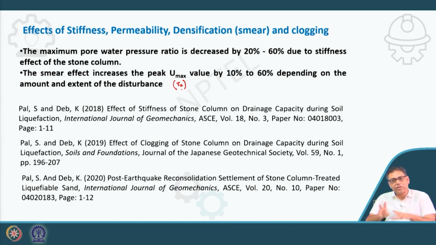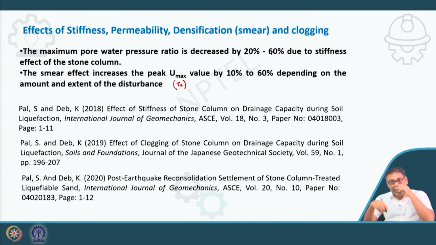If the drainage performance is reduced, then the RU value will increase. When you consider the stiffness of the stone column, the drainage performance is increased, and that's why the RU value is decreased by 20 to 60 times.